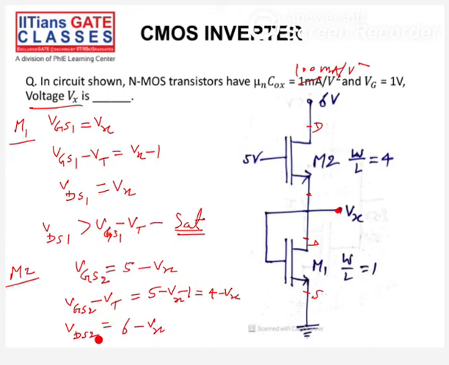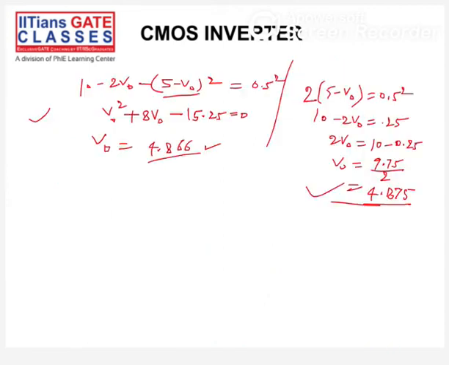Here we can see VDS2 is greater than VGS2 minus VT. If this condition is satisfied, it is the case of saturation also. So both transistors are in saturation. Our first aim is to check whether the transistor is in saturation or in triode region, in which region they are operating. That operating region we need to understand.